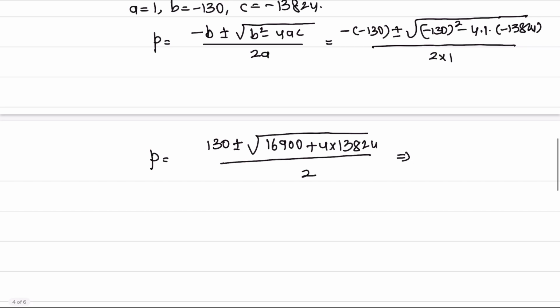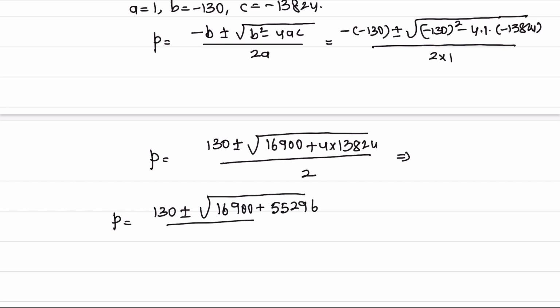That implies p is equal to 130 plus or minus square root of 16,900 plus 4 into 13824 is 55296, divided by 2.